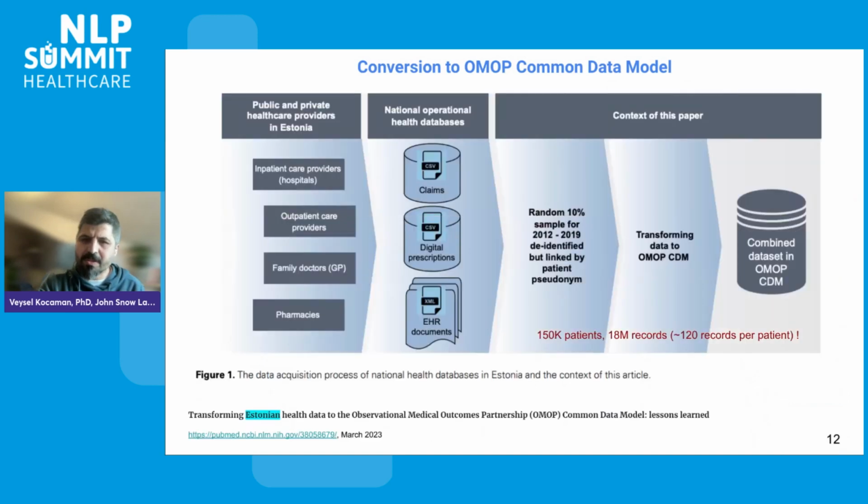To illustrate this point, I pulled up one of the papers published last year that explains how the Estonian health community tried to transform their health data into OMOP format. They picked 3 different databases and tried to convert 18 million records belonging to 150,000 patients, which means that one patient usually has around 120 records.